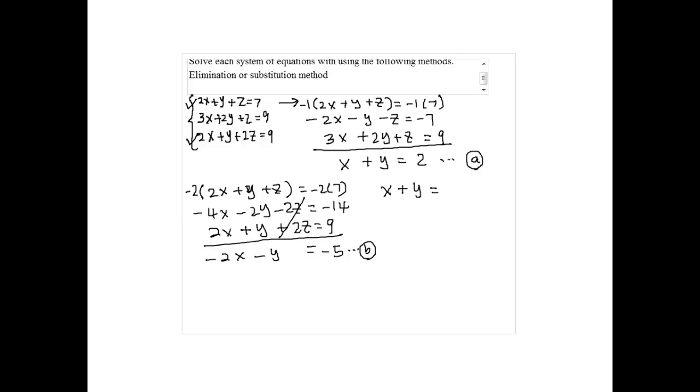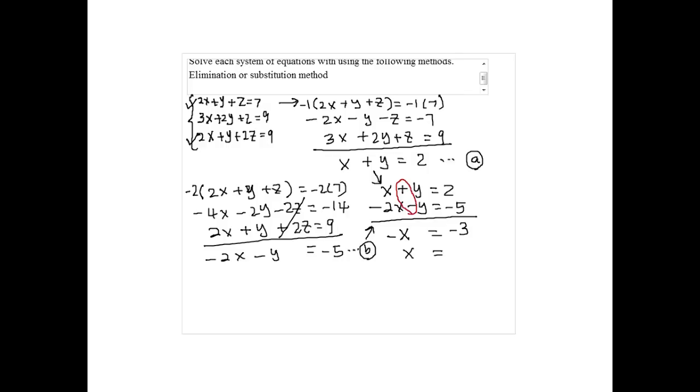Finally, we're going to add x plus y equals 2 to -2x minus y equals -5. Since the coefficient of y is the opposite, you can go ahead and add the two equations. So we get -x equals -3.